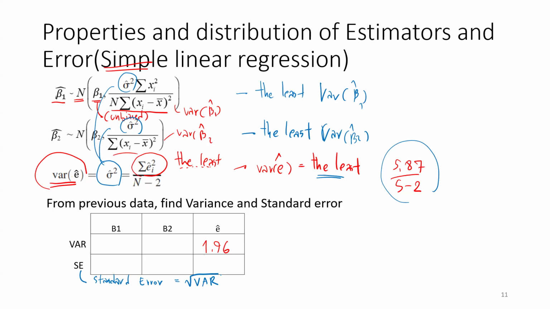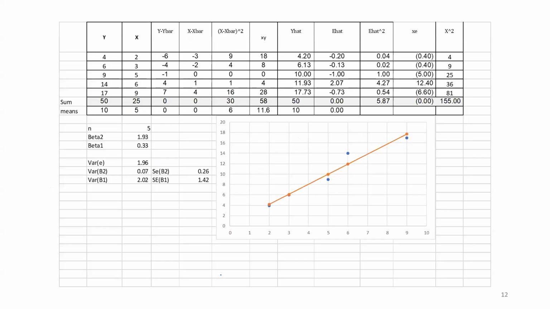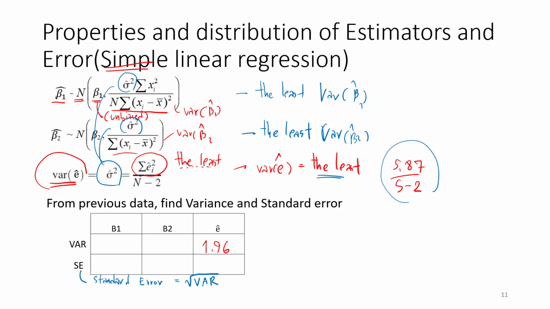Next page, they have a step-by-step calculation. This is the answer. For example, variance of error is 1.96. If you take the square root of the variance, you will get 1.6. We still have time, so let's try to do it on Excel.